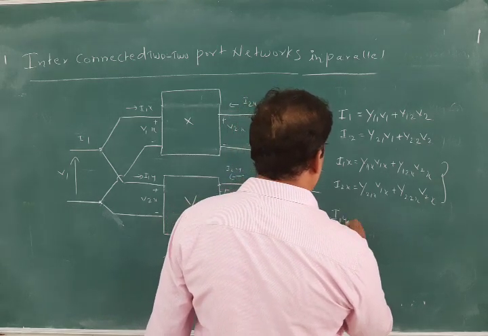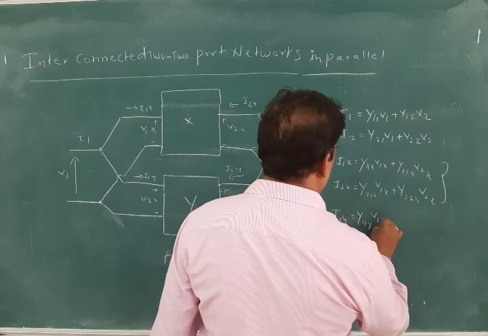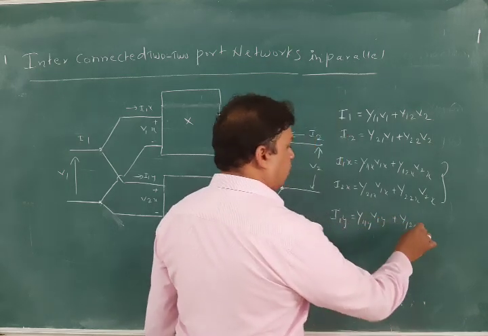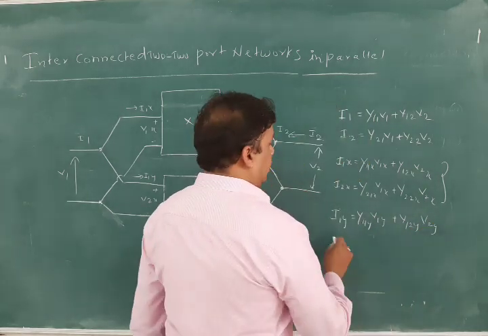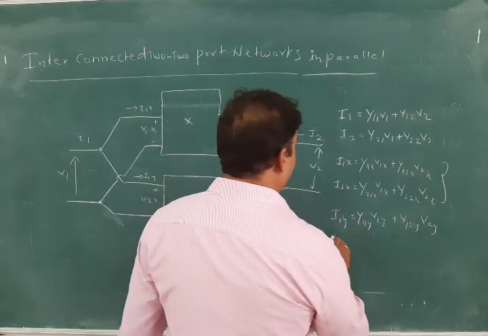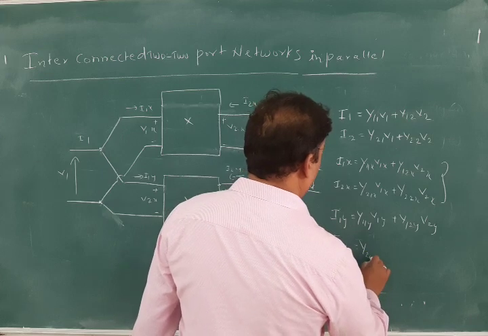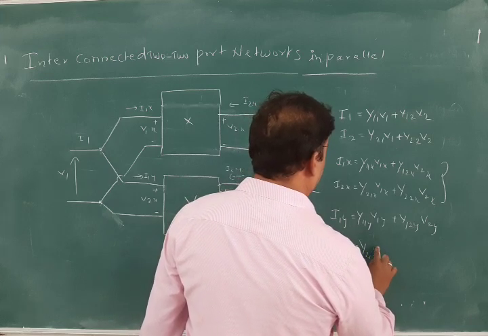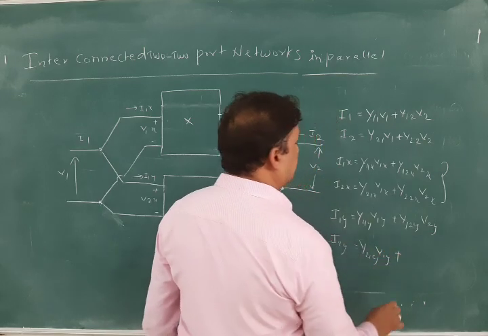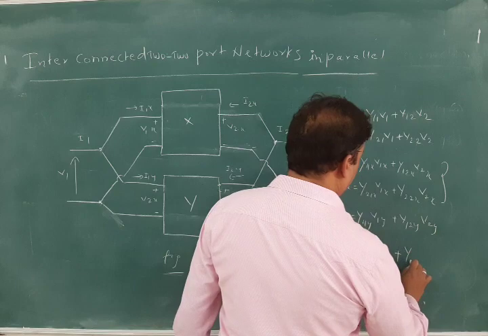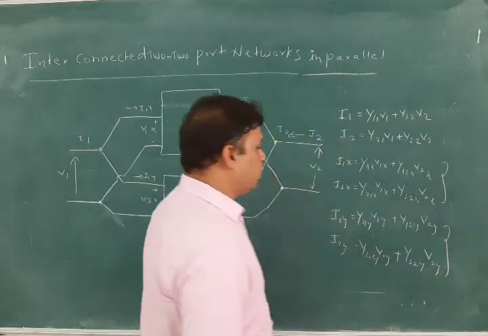I1Y is equal to Y11Y into V1Y plus Y12Y into V2Y, and I2Y is equal to Y21Y into V1Y plus Y22Y into V2Y. These are the equations pertaining to the Y network.